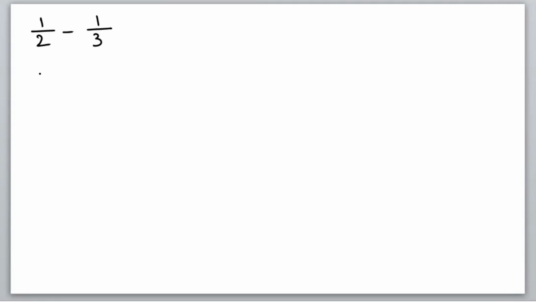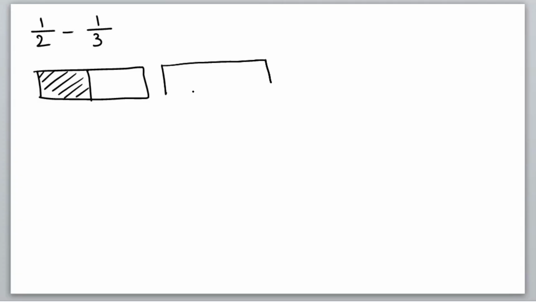If we take the diagram, this is 1/2. Out of two equal parts, one part is shaded. And here it is 1/3. It means the other piece is divided into three equal parts, and out of three equal parts, one part is shaded.